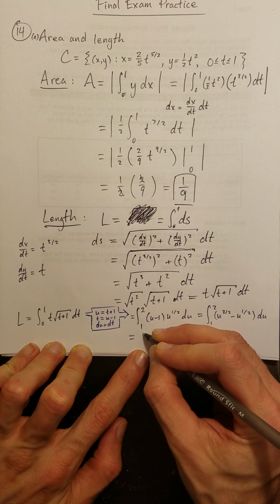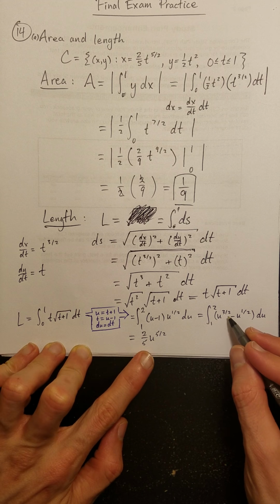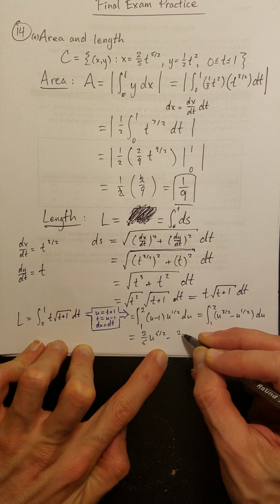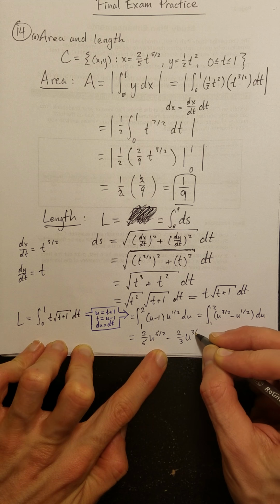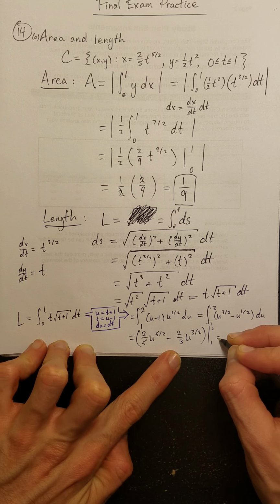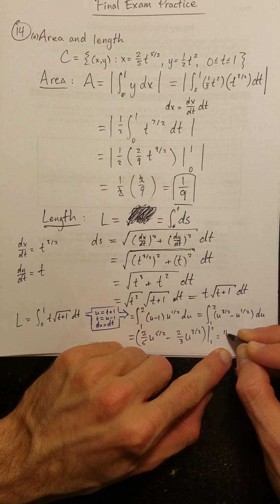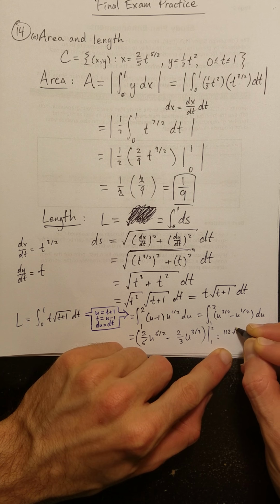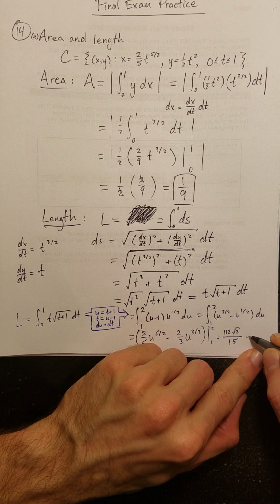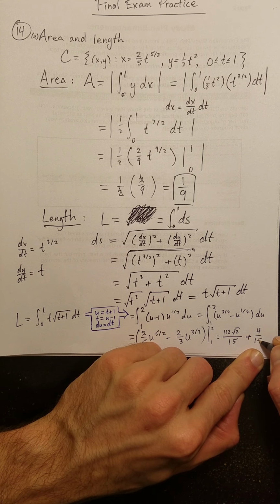The first term is going to be 2 over 5 u to the power 5 over 2, so adding 1 to my power and then dividing by that, and then minus 2 over 3 u to the power 3 over 2. I evaluate this at 2 and at 1, and what I get is 1/12 root 2 over 15 minus a negative, so I'll put plus 4 over 15.